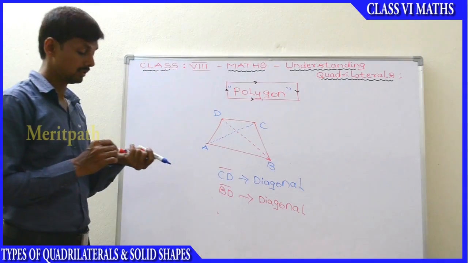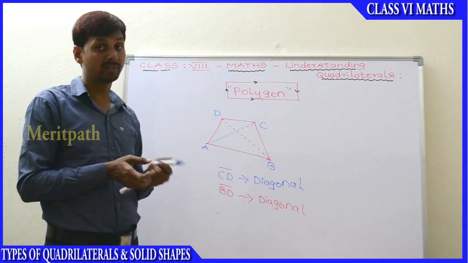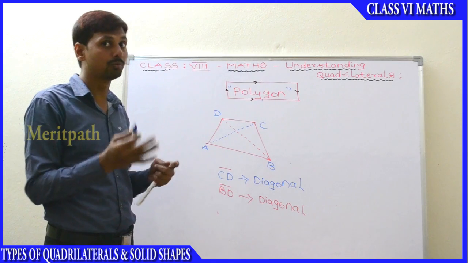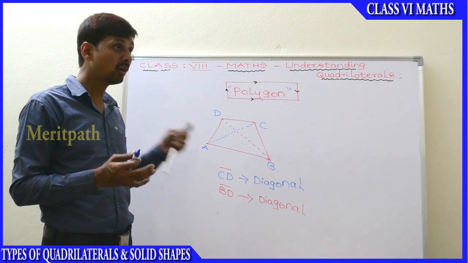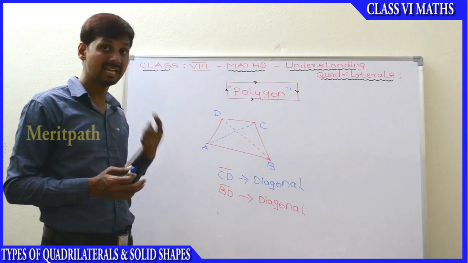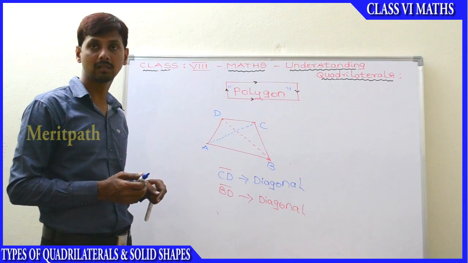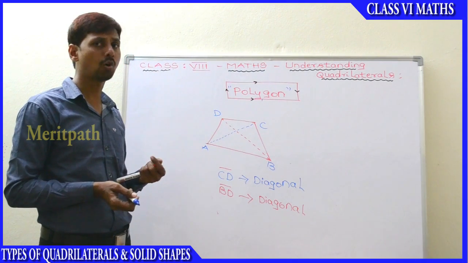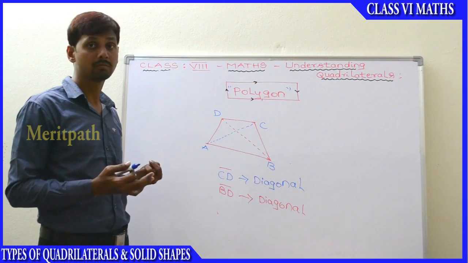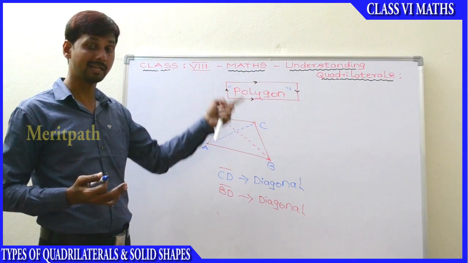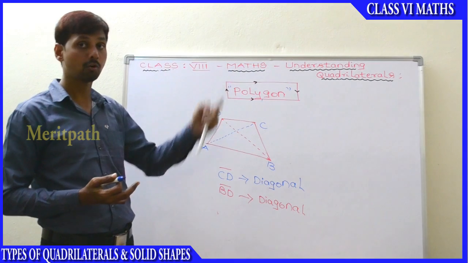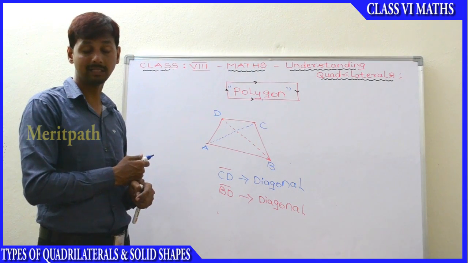So here the opposite vertices, or non-consecutive vertices, joined together form a diagonal. So we got two diagonals. In a similar manner, we can join non-consecutive vertices in a pentagon, hexagon, nonagon, and so many other polygons.